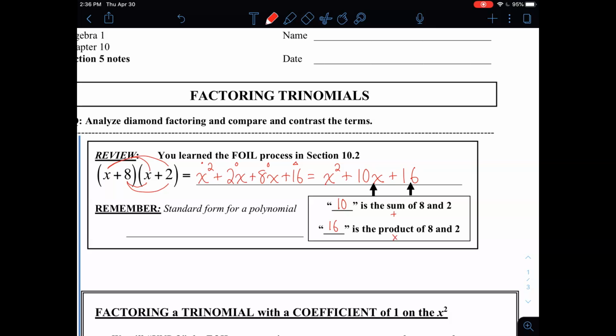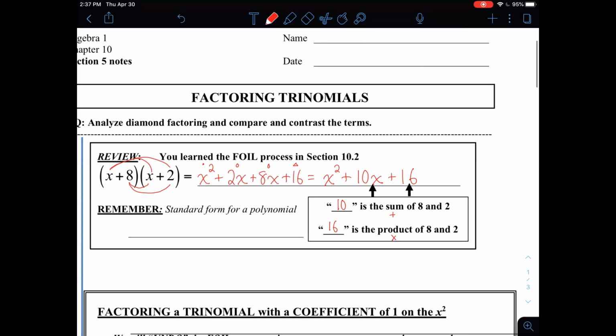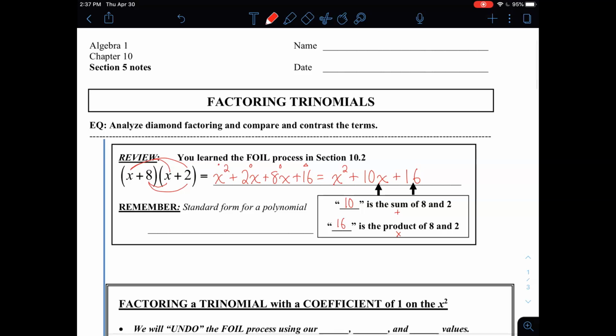This is an important part of this chapter: when you add 8 and 2, you get 10, and when you multiply 8 and 2, you get 16. So this would be a diamond problem where we had 16 and 10, and 8 and 2 would multiply to 16 and add to 10. Remember from the diamond problems? Now we're just applying it to actual polynomials, which is going to be kind of exciting.